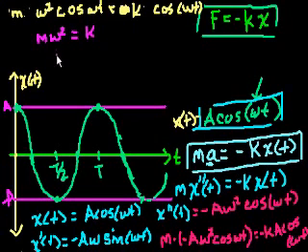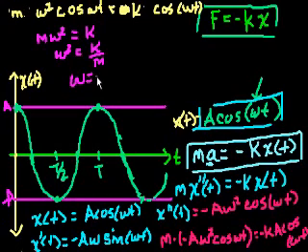Or another way of saying it, if omega squared is equal to k over m, or omega is equal to the square root of k over m. So there we have it. We have figured out what x of t has to be. We said that this differential equation is true if this is x of t and omega is equal to this. So now we've figured out the actual function that describes the position of that spring as a function of time.